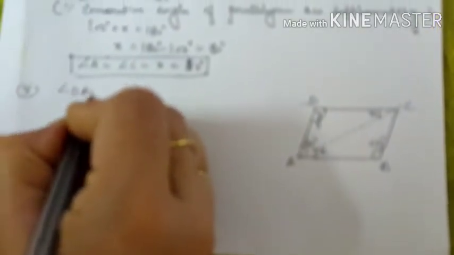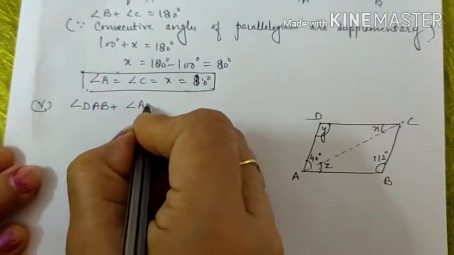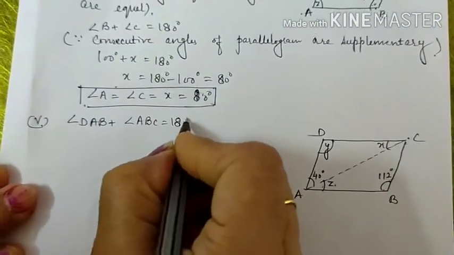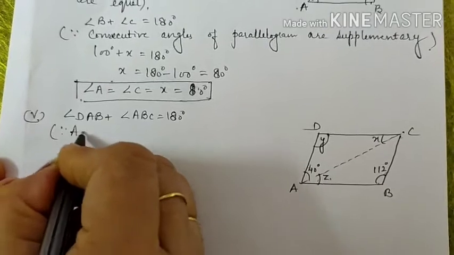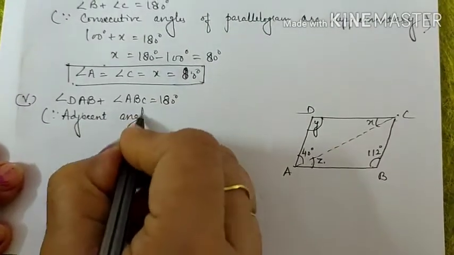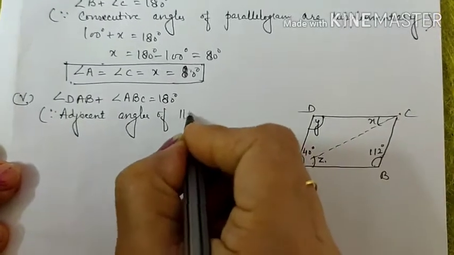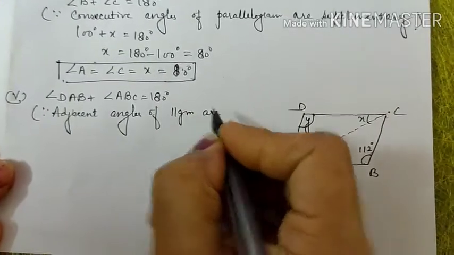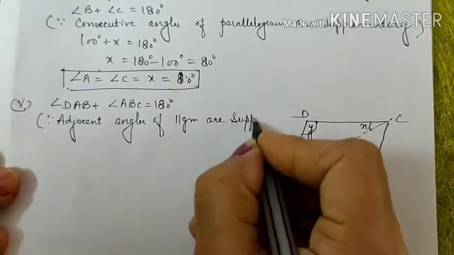Angle DAB plus angle ABC is 180 degrees because adjacent angles of a parallelogram are supplementary.